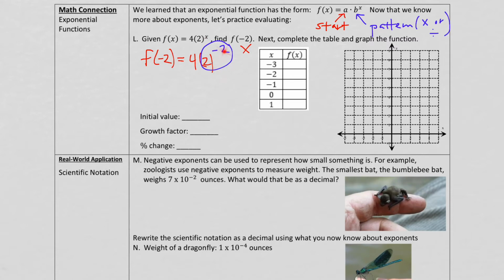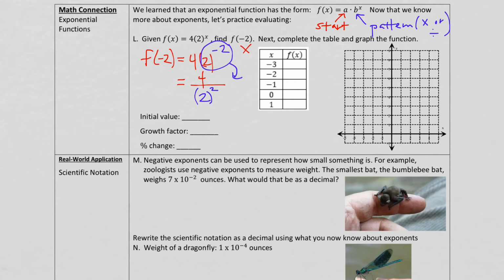So this means to divide by 2 twos. But using our actual idea from today's notes, I can take this, and notice how in this case this negative 2 applies to just the 2. To make this negative 2 positive, I can move it down to the bottom, so I get 2 squared. And this 4 stays on top because it is not part of this exponent.